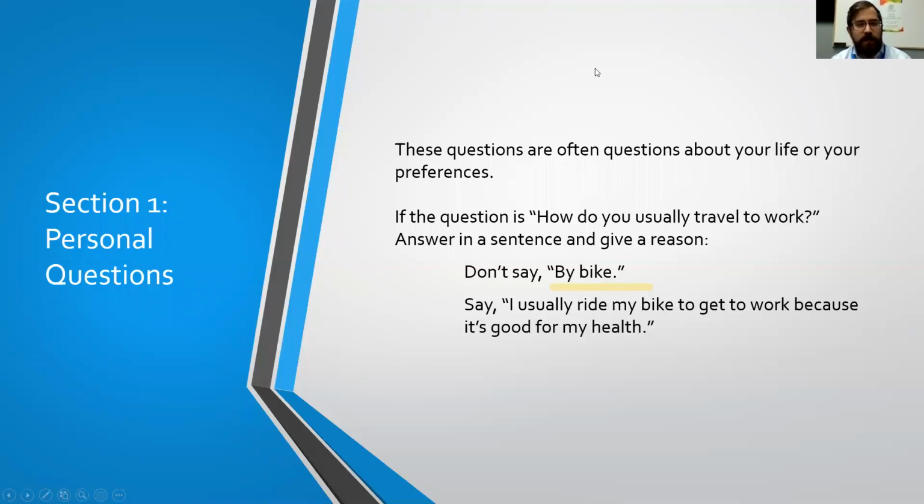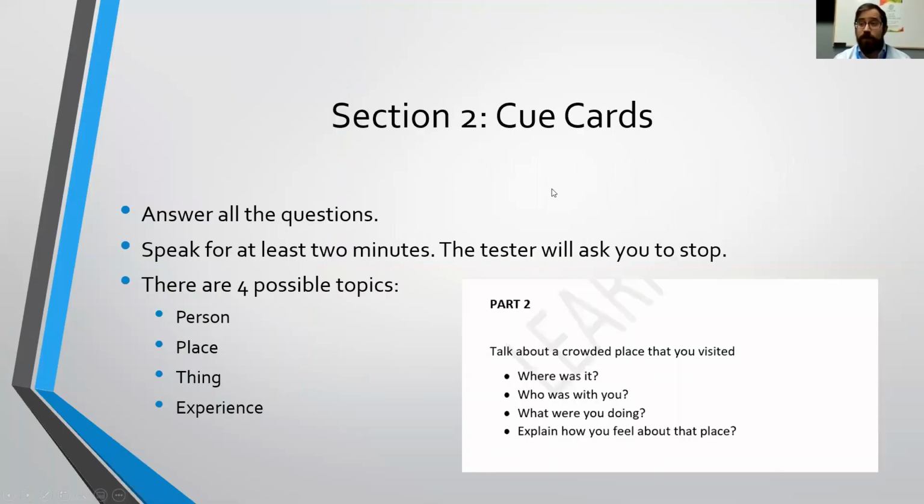Now then, let's look at section 2. You'll get a cue card in section 2, much like the example given here. Make sure that you answer all of the questions. Do your best. So talk about a crowded place that you visited. Where was it? Who was with you? What were you doing? And explain how you feel about that place.